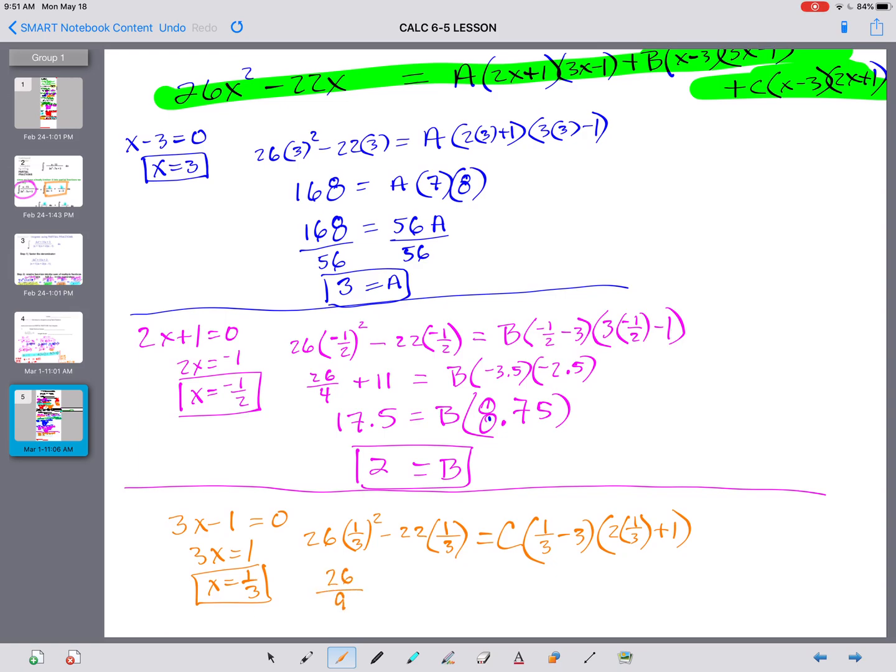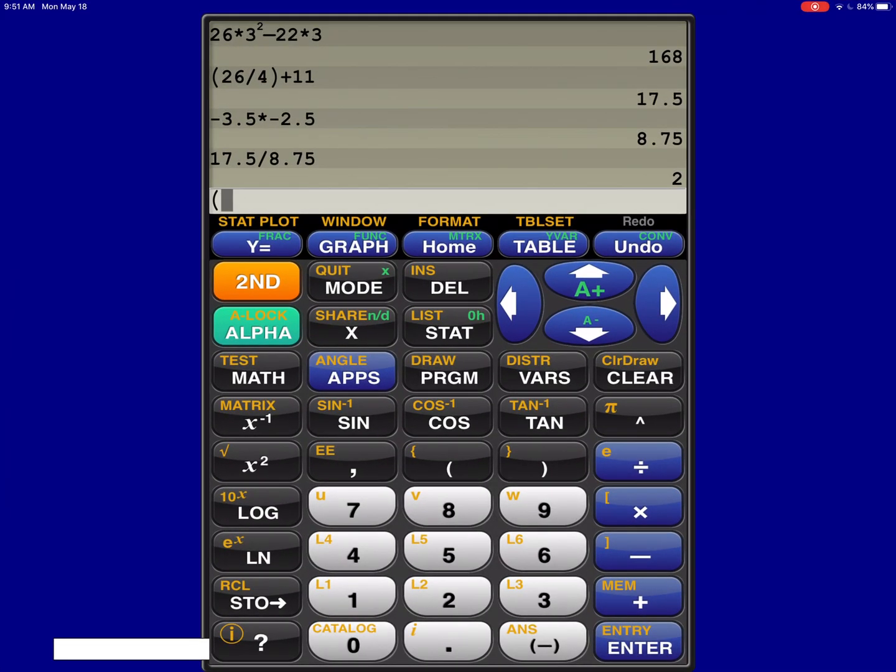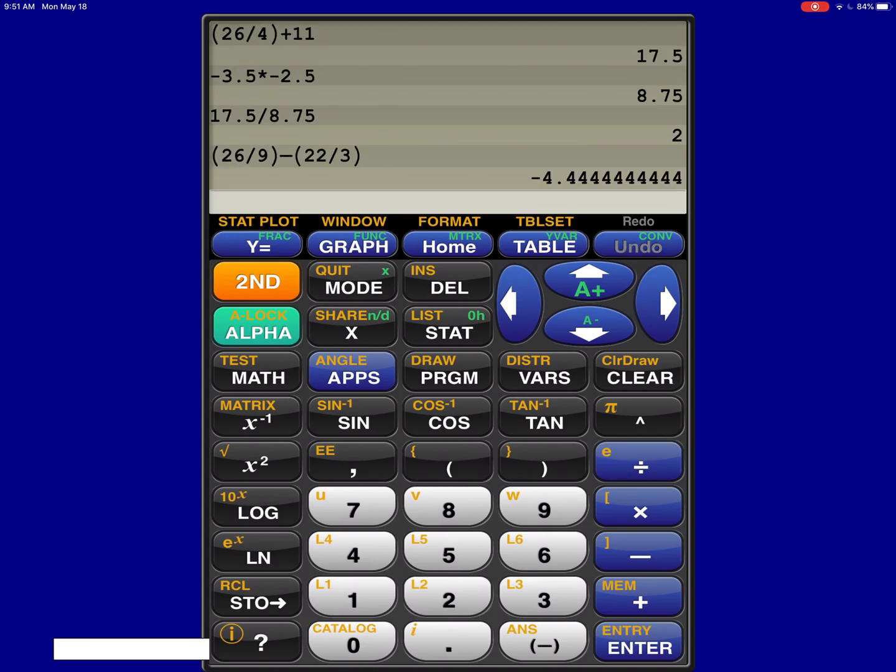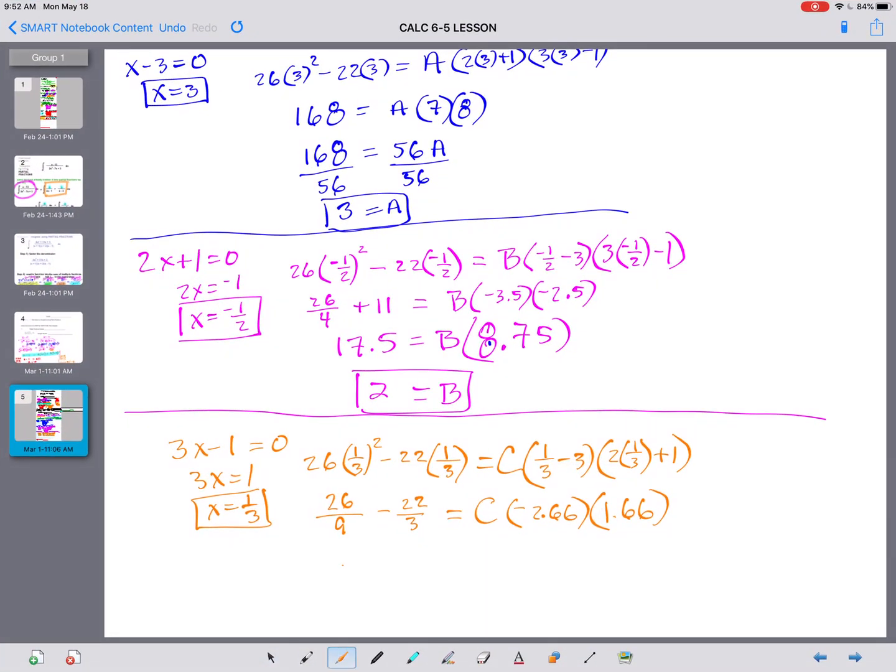So that's 26 over 9 minus 22 over 3 equals C times negative 2.66 times 1.66. We'll use some decimals there. 26 over 9 minus 22 over 3 is negative 4.44 repeating.